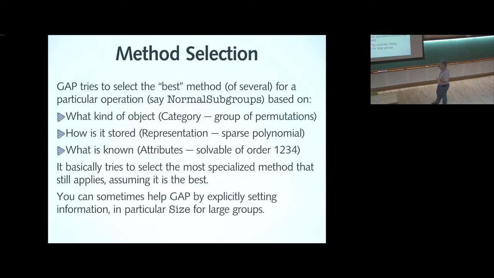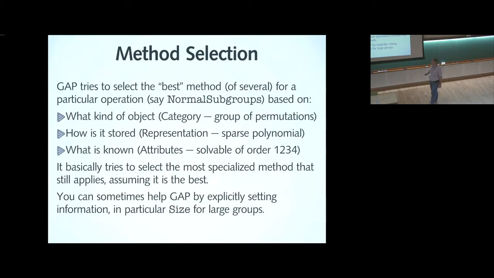For example, it could be GAP happens to know for your group that it is solvable and has order 1234 or whatever. And what method selection does is it tries to select the most specialized method, the one with most conditions, which still applies to the object, under the assumption that it is the best. And this will allow the computer to try to be somewhat intelligent in this choice.